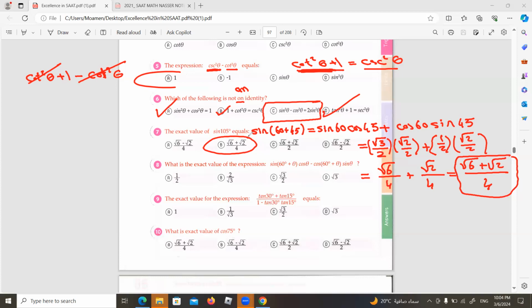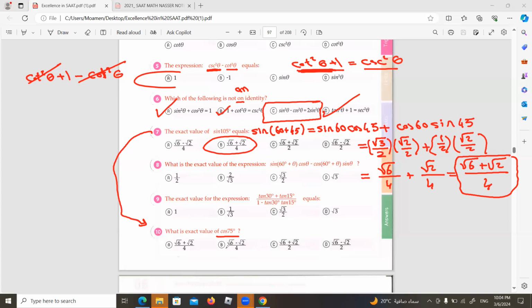Okay. By the same way, I'm going to number 10 and then return to 8 and 9. Number 10 is the same: cosine 75.